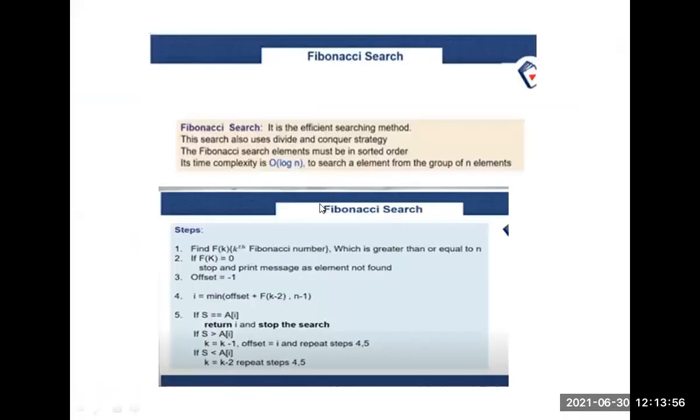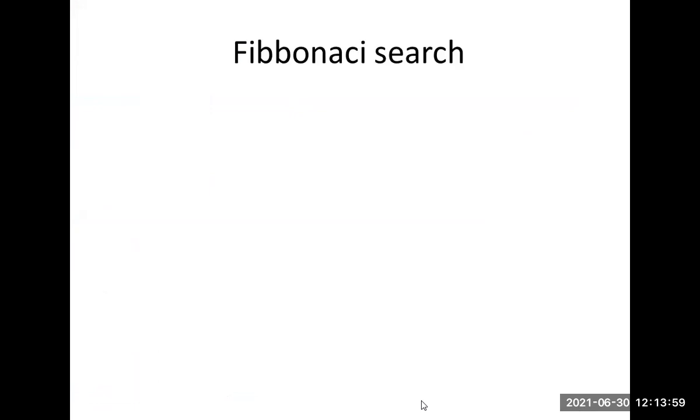I'm just writing an example here. I am considering one array, A. A equals, I'm taking the array elements as 2, 5, 7, 13, these are all Fibonacci numbers, 21, 28, and the last one is 31.